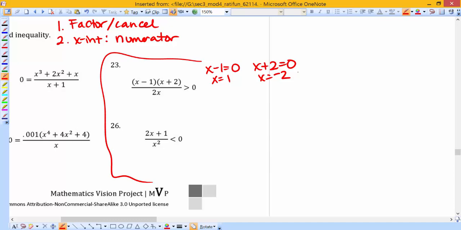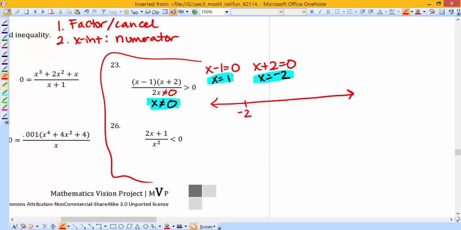Those are my boundaries. But with the rationals, you also have to pay attention to the denominator. And we need to remember the denominator can never equal 0. So what can x not equal? x cannot equal 0. So when I am testing on my number line, I'm going to put these three numbers in order: the 0, the 1, and the negative 2.